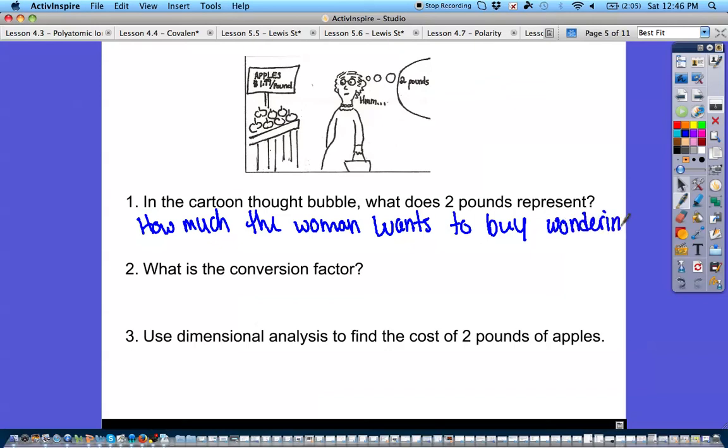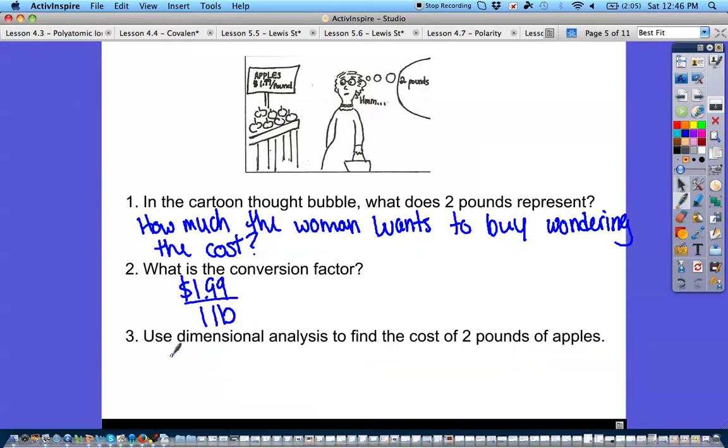She's wondering the cost. So the conversion factor is the $1.99 per 1 pound that's given to us there.